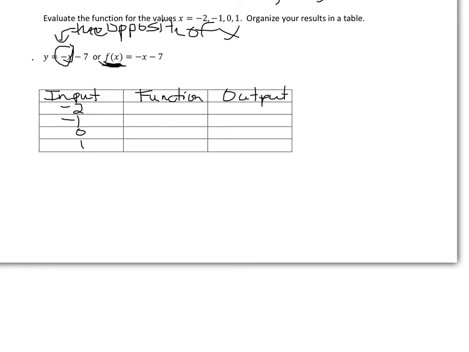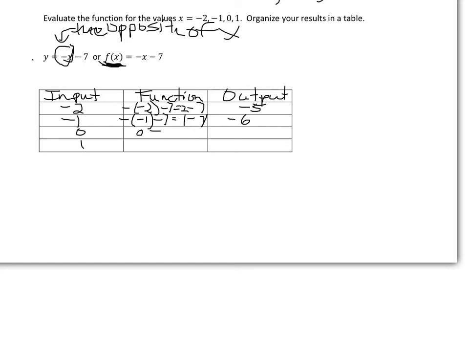Now remember, you got to take the opposite of negative 2 and subtract 7. So that's going to be like 2 minus 7, or a negative 5. Now this would be the opposite of negative 1 minus 7, or 1 minus 7, which is a negative 6.